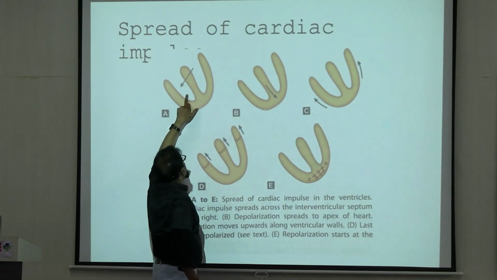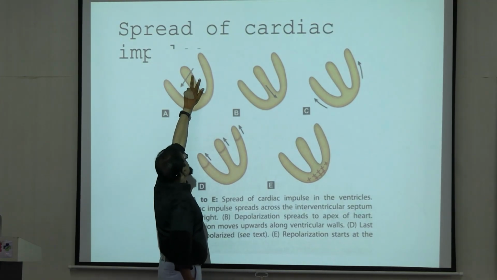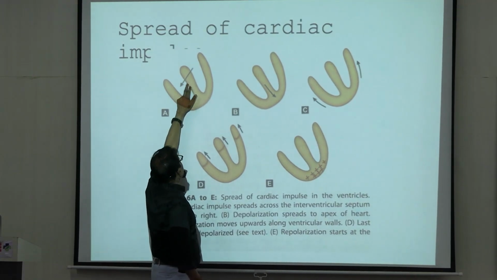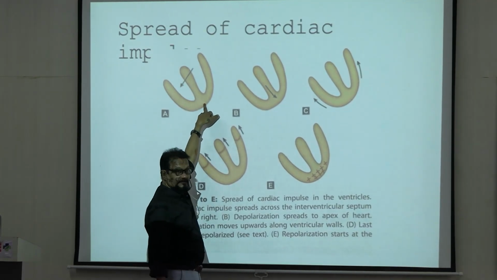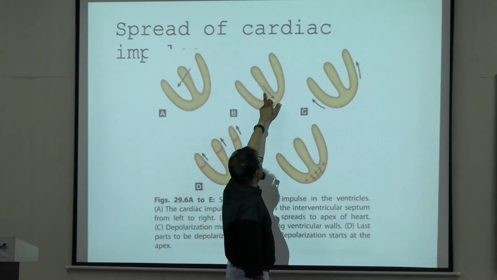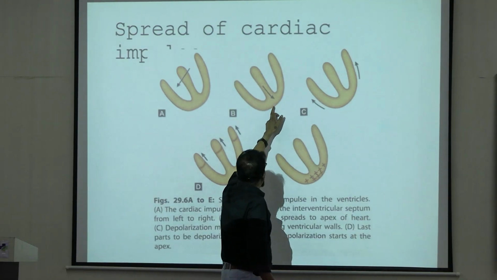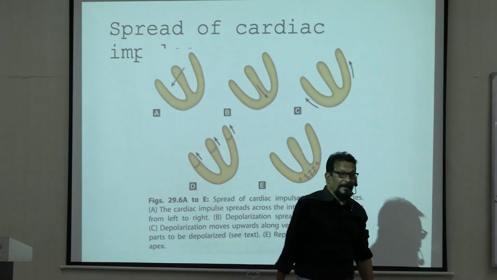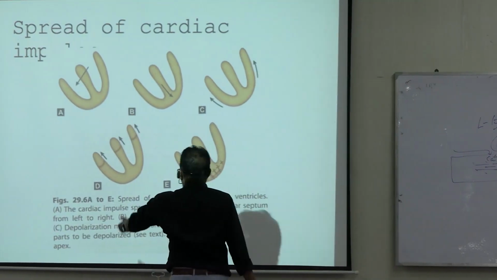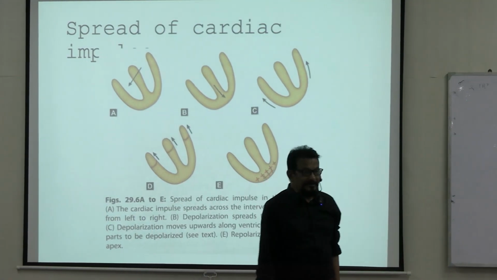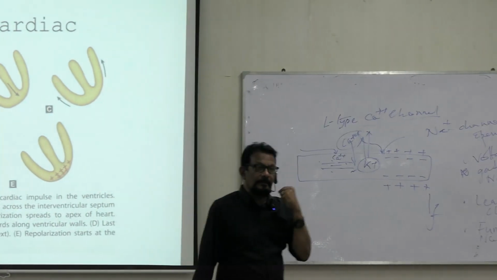So the cardiac impulse is coming from this direction to this direction, and ultimately it will reach the apex. From the apex it will travel towards the base of the ventricles. So this part, the base, gets the cardiac impulse last.